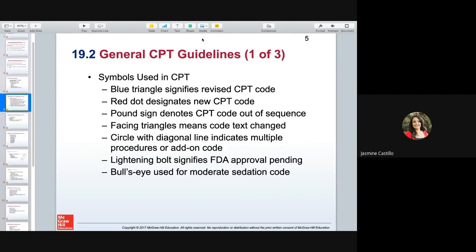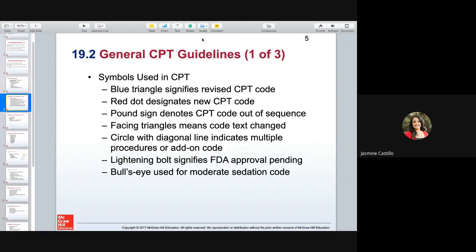So the image I showed you has the most commonly used symbols, but there are other ones. You're going to have the circle with the diagonal line, indicating multiple procedures or add-on codes can be used with the CPT code. A lightning bolt symbol signifies that the medication is still pending FDA approval.